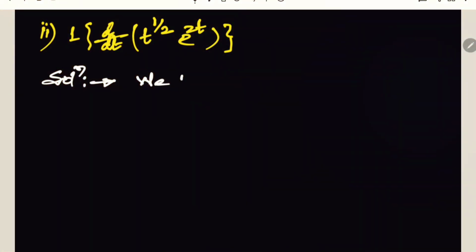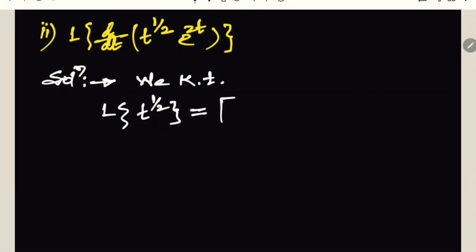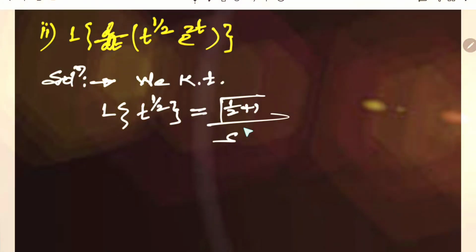Then second one, Laplace of d by dt of t raised to half into e raised to 2t. Therefore, we consider f of t as t raised to half. Here power is not an integer, therefore its Laplace is gamma n plus 1 divided by s raised to n plus 1.